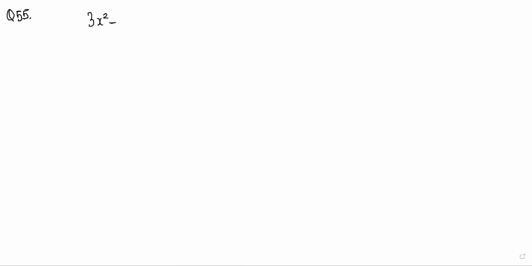So we put alpha into the equation. The second equation is x square minus 4m plus 2 equal to 0.